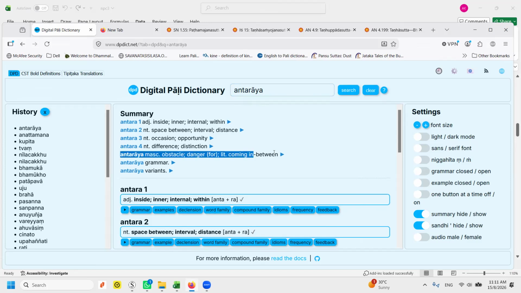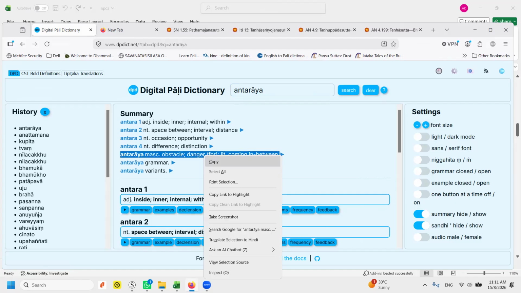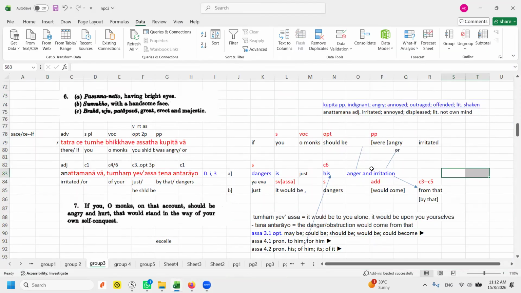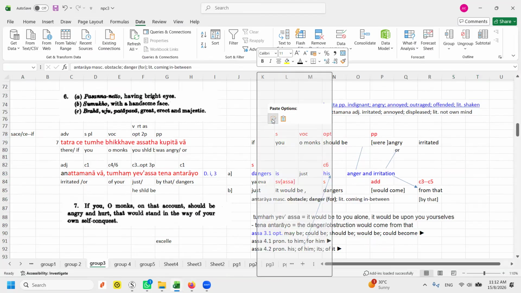The word antaraya can also mean in between, like the word anta, but in this case it can be this. So you have to be very careful. I go back to there and put it here.